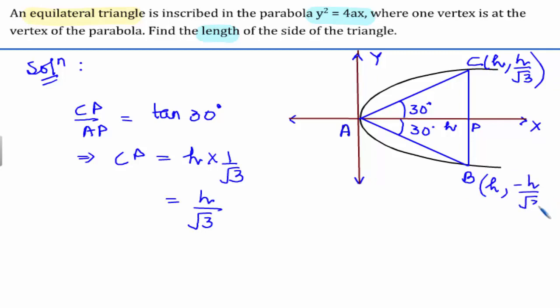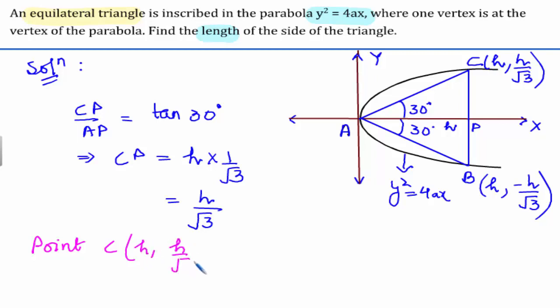Now this is the parabola y square is equal to 4ax. Now as we can see from the figure, point C with coordinates h and h upon root 3 lies on the parabola given to us, which is y square is equal to 4ax.